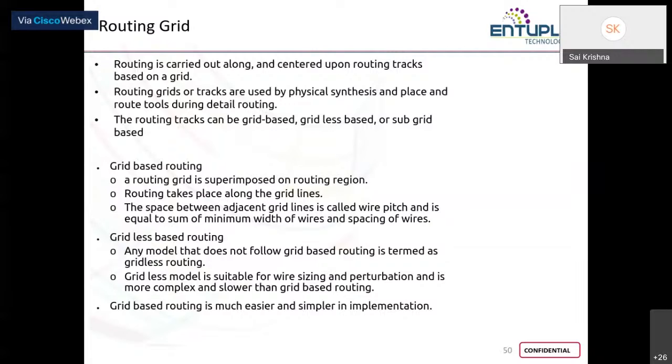So NDR, or gridless routing based on NDR, is generally done for your clock signals, and all your data signals follow your grid-based routing. Okay.